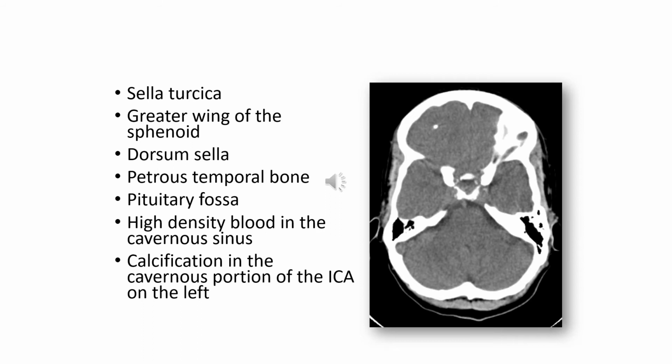So this is going to extend superiorly and laterally to form the right and left posterior clinoids. The green arrow shows the petrous temporal bone on either side, and so attached to this is going to be the lateral attachment of the tentorium cerebelli.